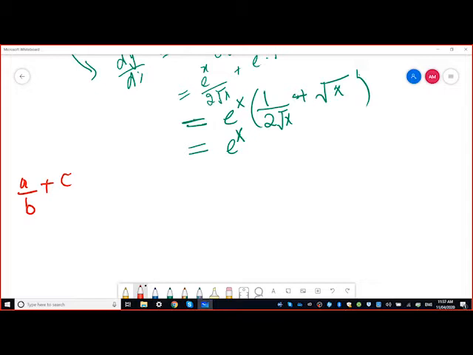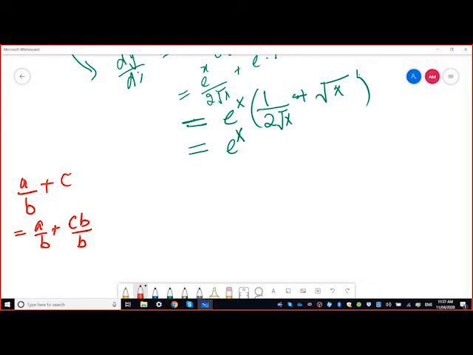But once there is no denominator, what is the number which we assume is there? Is it A over B plus B times C over B? Okay, A over B plus C times B upon B. Yeah.